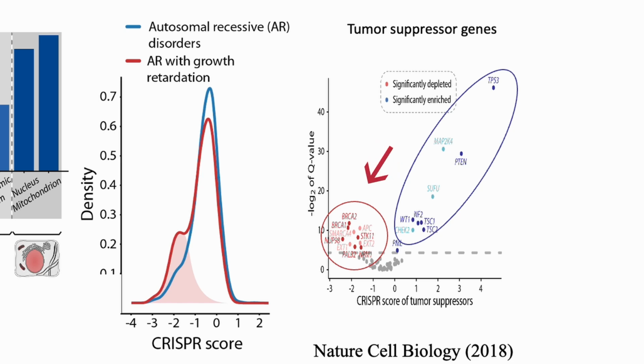But those that cause cancer do not cause it because they let the cells grow better. Actually, the cells without these genes do worse. But because these genes are involved in DNA damage, the other genes that are mutated will cause the growth advantage.